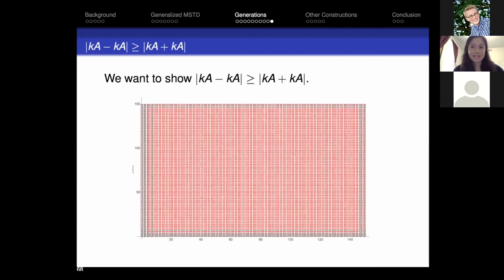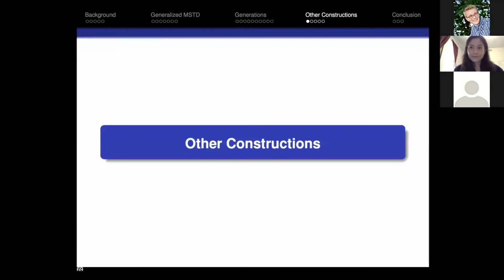There are not going to be any additional points. But when subtracting Ka from itself, it's also going to preserve the center and the rows and columns on the edges. However, points in the rows, columns, and middle can interact with each other to possibly create additional elements in this set. So it may have more elements, or it at least has the same amount of elements.